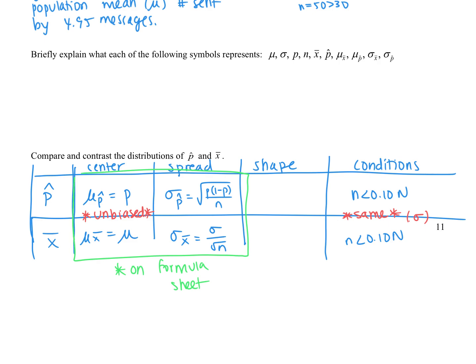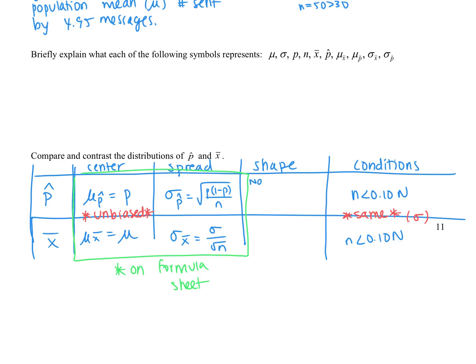So you need to just be able to identify which formula to use, but those you don't need to have memorized. The conditions are not on the formula sheet, and the shape is not on the formula sheet.